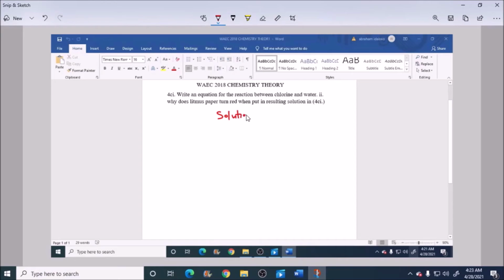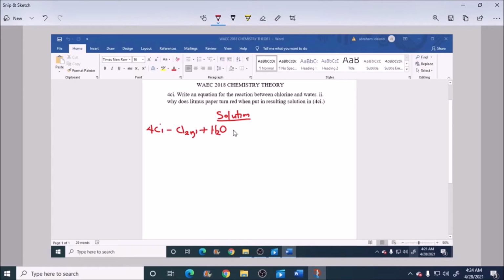So 4C Roman figure 1 is just asking us to give the equation of reaction between chlorine and water. So we have Cl2, that is chlorine in gaseous state, reacting with water, that is H2O.